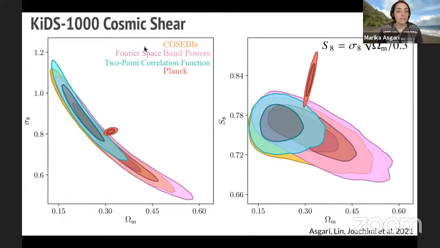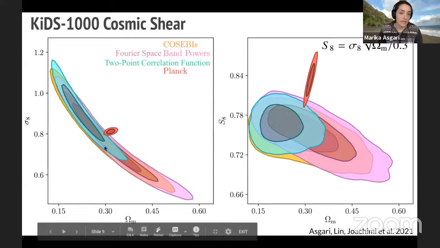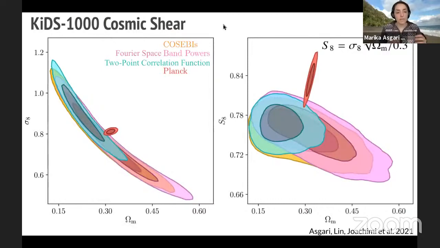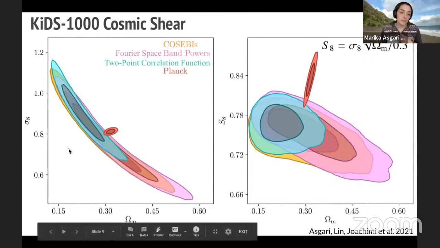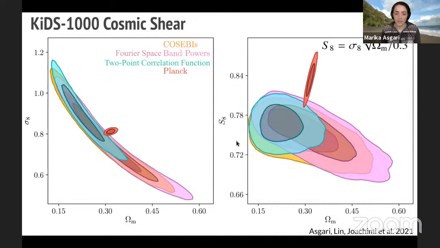Now you can see that the cosmic shear contours are all elongated. And this is the Planck contour here, the red one. This kind of elongated contour is called a cosmic banana. And this degeneracy between sigma 8 and omega m exists in all cosmic shear analyses.